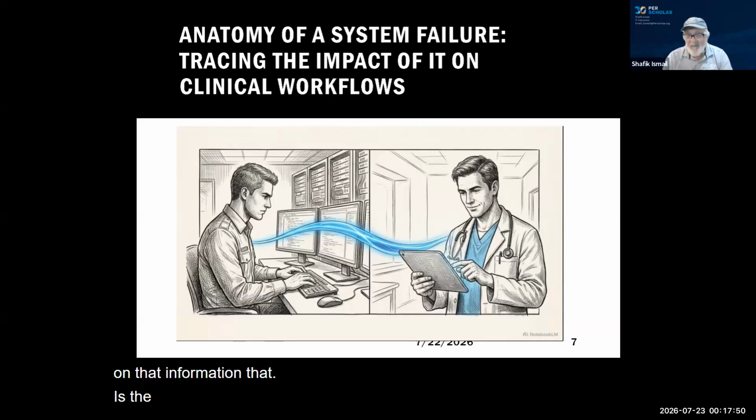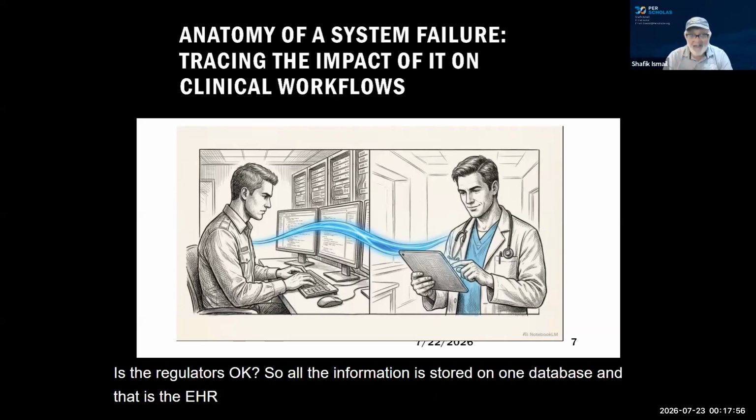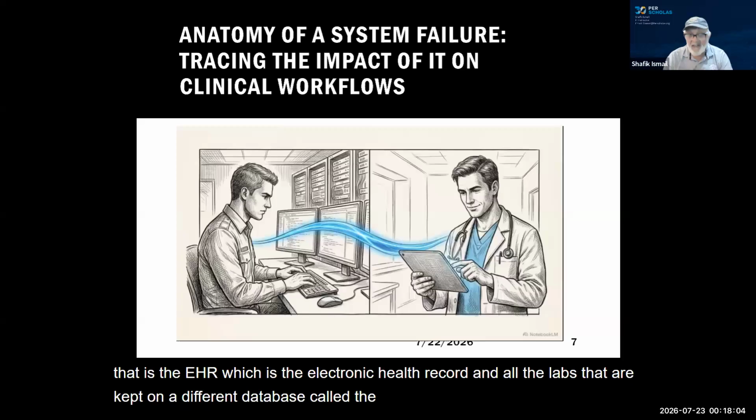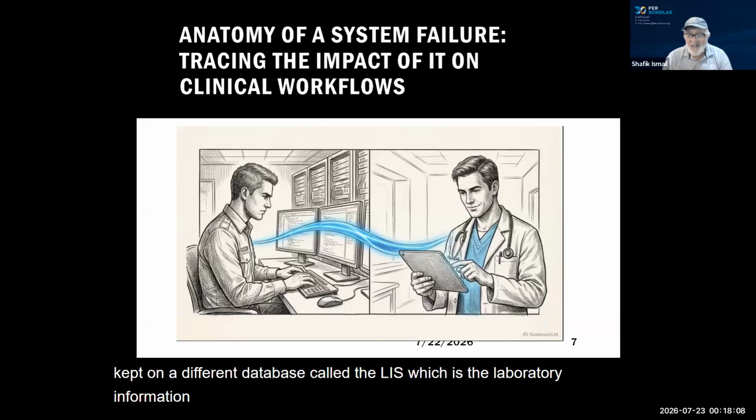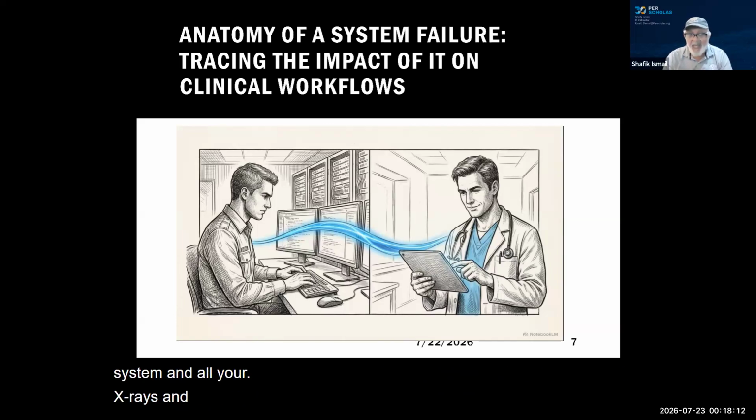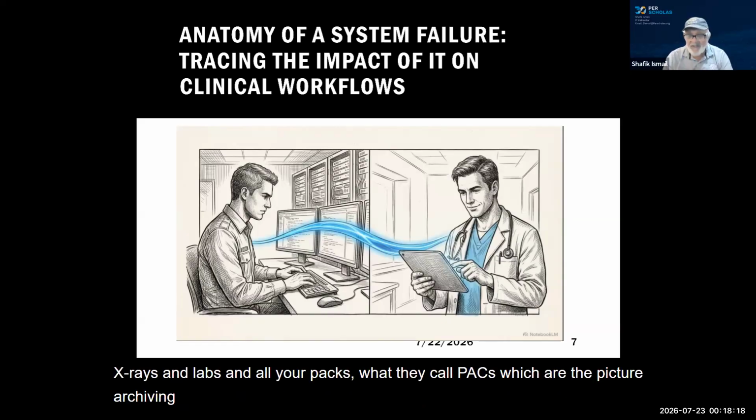Okay, so all the information is stored on one database, and that is the EHR, which is the electronic health record. And all the labs are kept on a different database called the LIS, which is the laboratory information system. And all your x-rays and labs, and all your PACS, the picture archiving systems, are all digital.